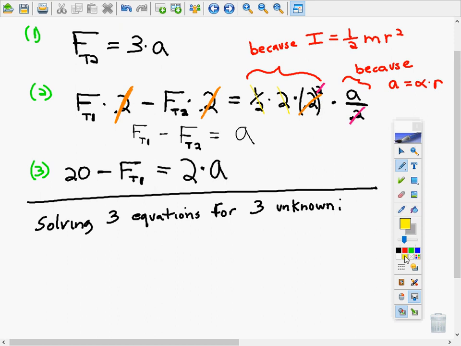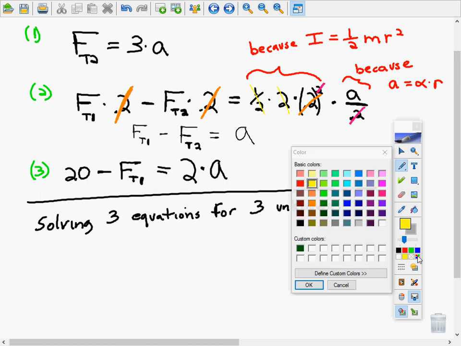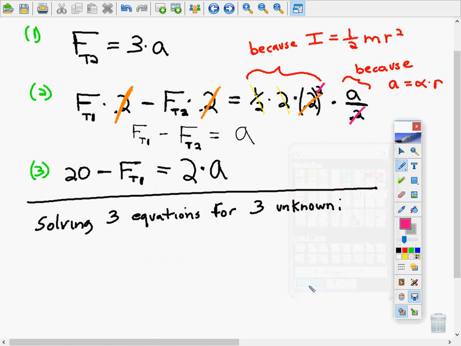How did the 0.2 under the A get canceled out? The 0.2 under the A wiped out one of these 0.2s because it was squared. So this one got rid of one, so I just crossed off the square. Whichever way you want to do first, it doesn't matter.